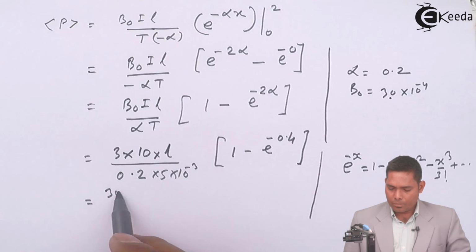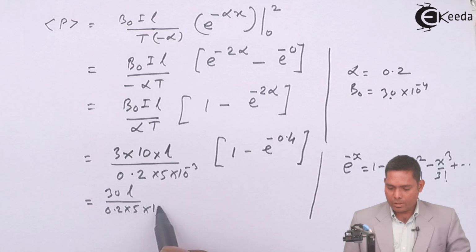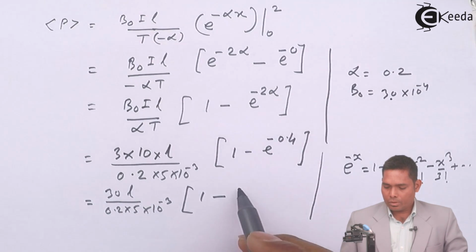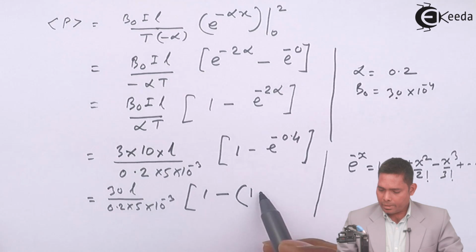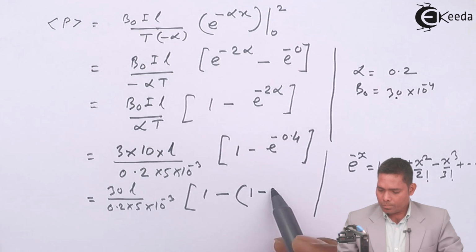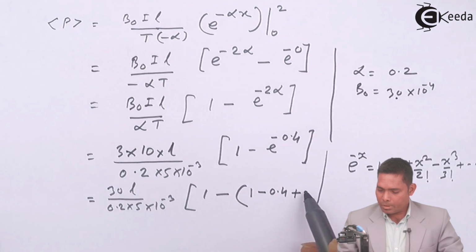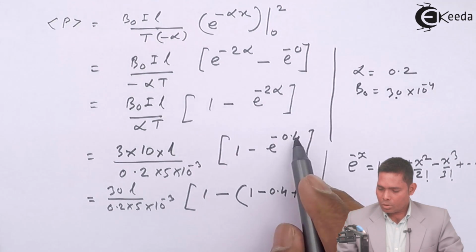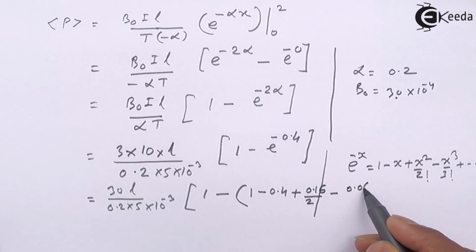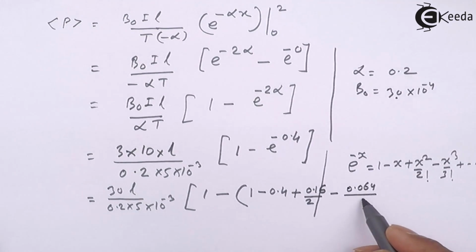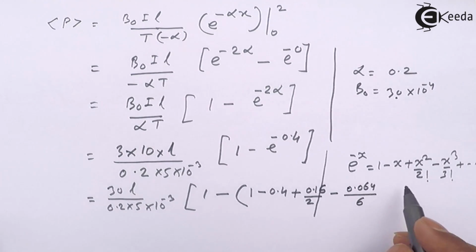This is 30 Il divided by 0.2 into 5 into 10 raised to minus 3, and 1 minus of the bracket: I'll put this formula, 1 minus x means 0.4, plus x square, that means 0.16, divided by 2, minus cube of 0.4 which is 0.064 divided by 6, and so on.